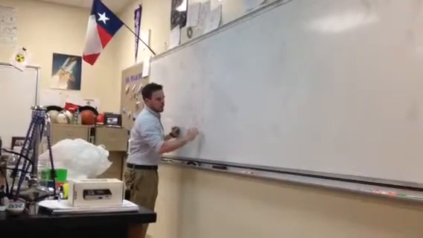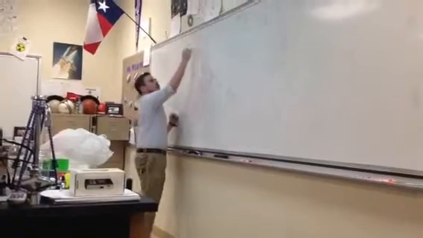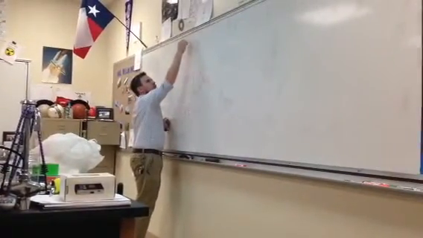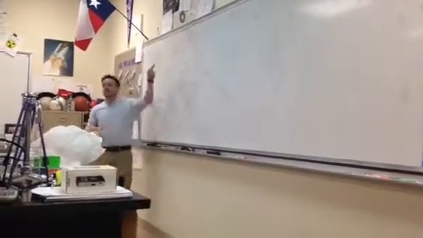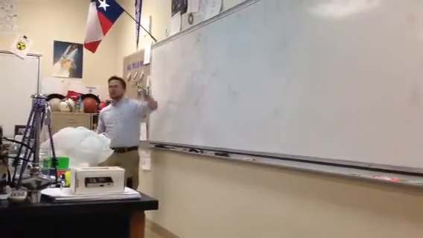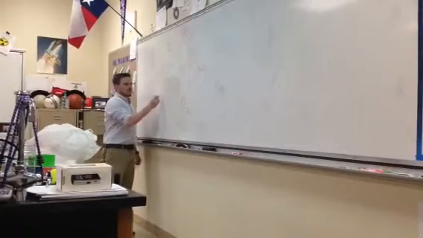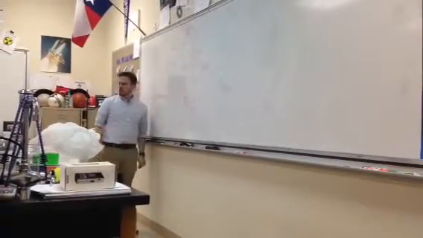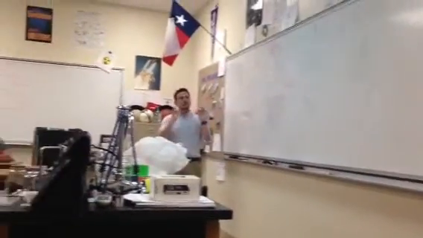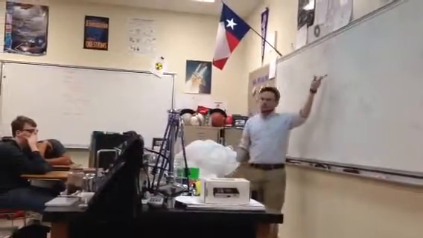And the resistance down this path would be 2 ohms. And then it's in series, so 3 ohms plus 2 ohms would give us a total resistance of 5 ohms.